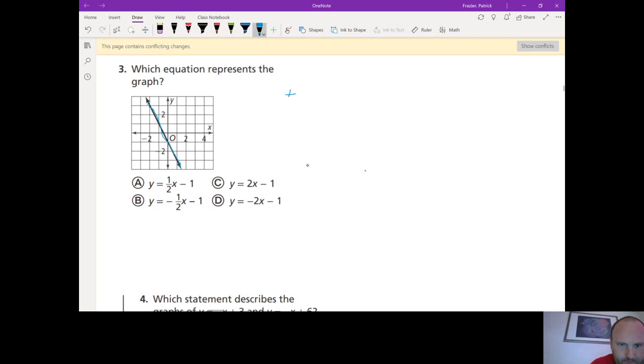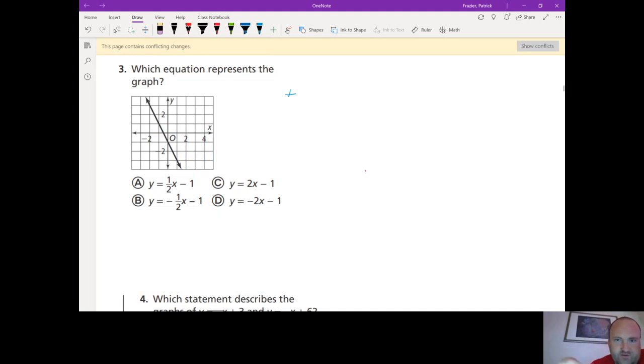So as x gets bigger, y gets smaller. As x moves to the right, y goes down. As x goes further to the right, y goes further down, down, down. So it's negative.